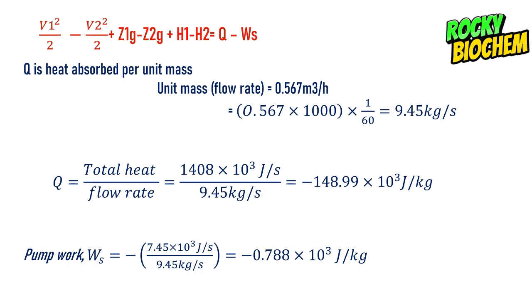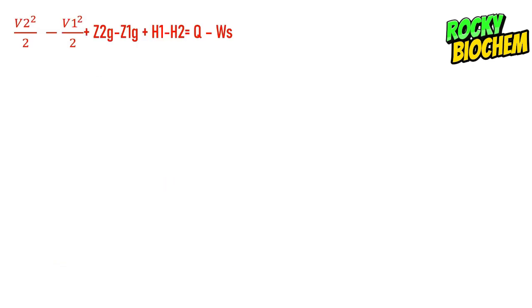And by dividing it by the flow rate, we will get our shaft work or the pump work. So I think we have now gotten all the parameters that we can fix into the general heat balance equation to work out our final enthalpy, and then based on the final enthalpy value to work out our final temperature in the second tank.